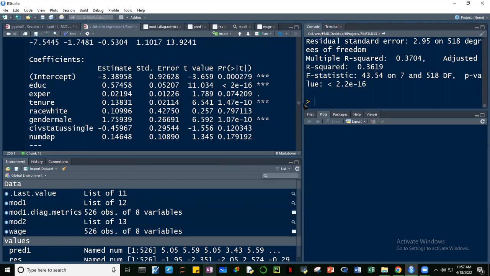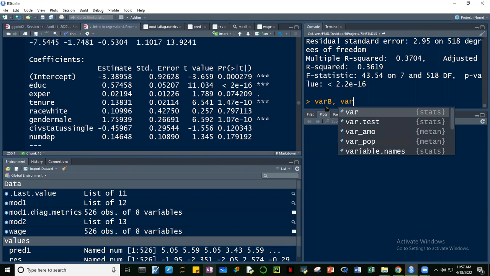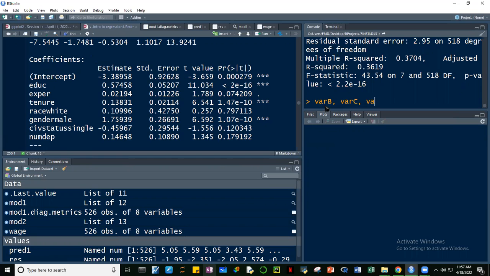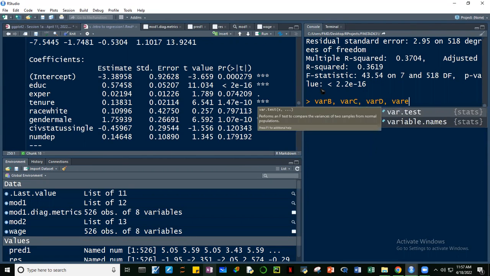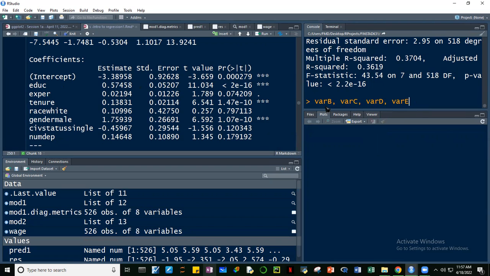So what will appear here, guys, assuming the name of the variable is var, is var B, var C, var D, and var E in our regression output. What I'm saying here is that you have a variable called var, and that var is categorical.